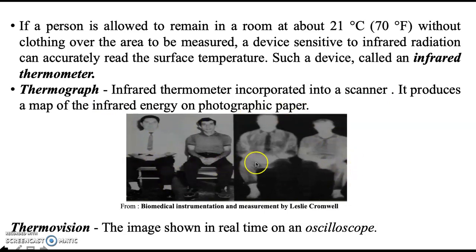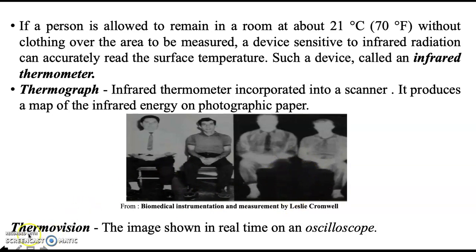In this image, you will not see the legs here, right? You can find legs in this image, but you cannot find the legs here. The reason is that these are artificial legs. Since they are artificial, they cannot emit infrared radiation. That is why you cannot find the legs here.